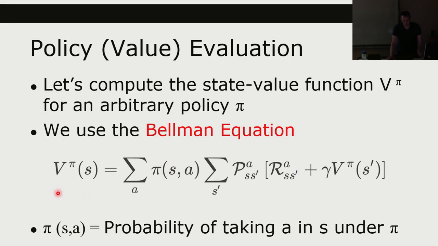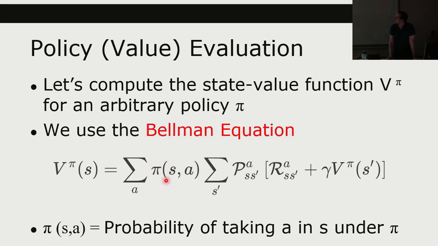So what does this mean? It means that the value of a state given a policy pi is equal to the following. The first thing here is just saying that we're going to loop over every action at a given state and see the probability of doing that action. So that is the policy pi here. For example, if your policy said, with equal probability, move up, down, left, and right, then this term for each action would be 0.25.